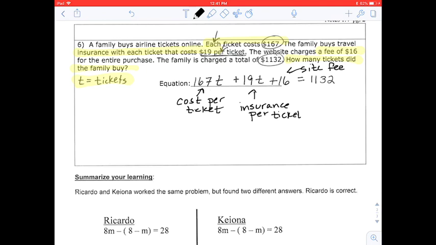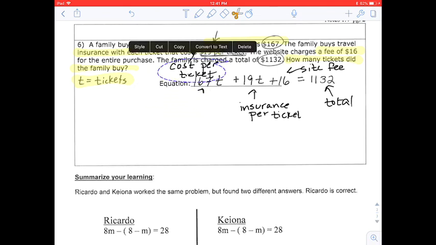And altogether, the family should have been charged $1,132. So it looks like they gave us the entire equation on this problem. We don't need to go ahead and add anything else there. What we do need to add is the steps to solve.